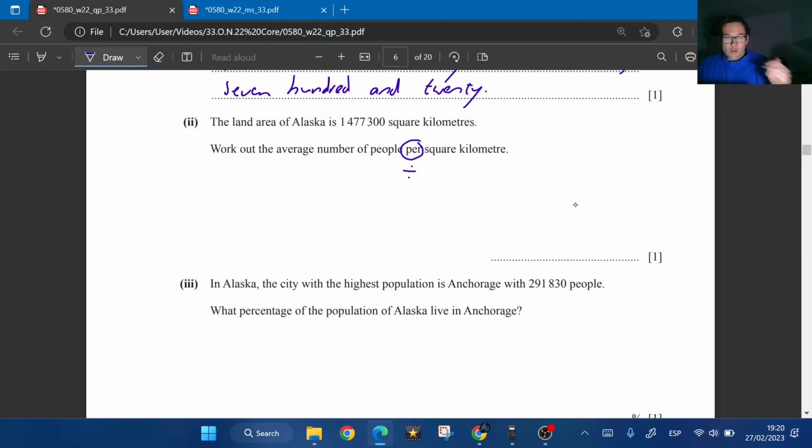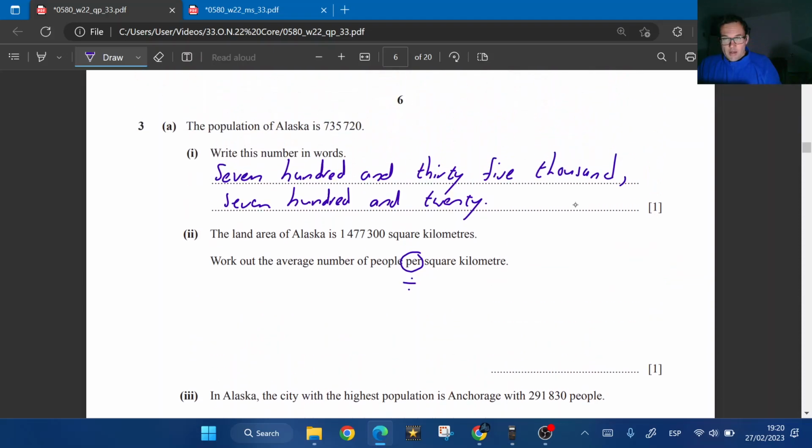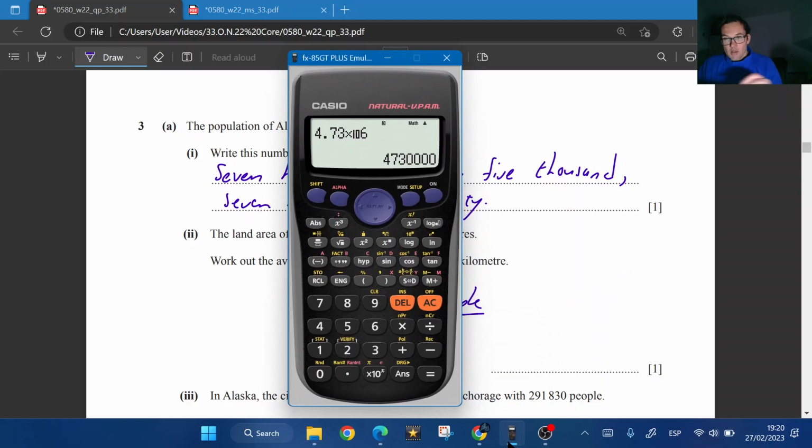So what we need to do, okay, is write down the people and divide it by square kilometer. That's how you write people per square kilometer. Let's do that.